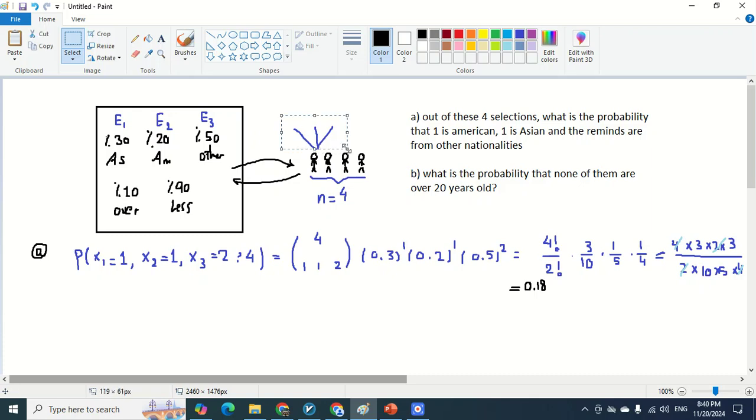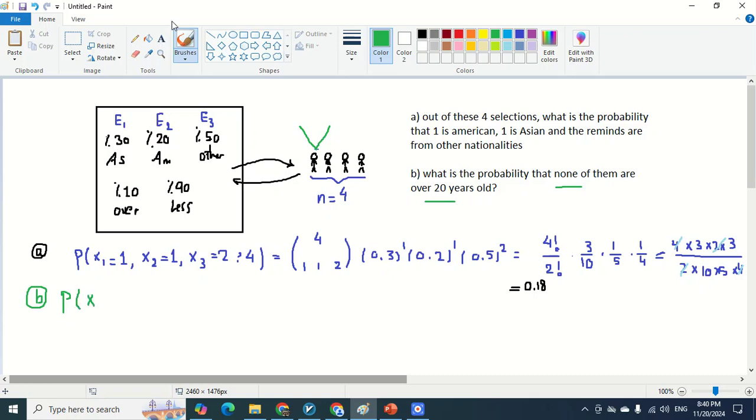So one case is being over 20 years old or less than 20 years old, and I want that none of them are over 20, meaning that all of them should be under 20. So playing with those words can change the question totally. So at part B, I'm looking for the probability of a success over here.